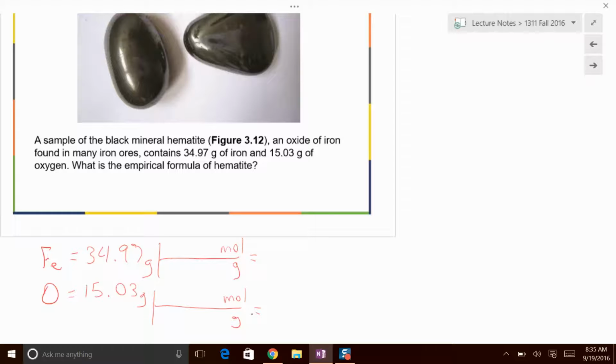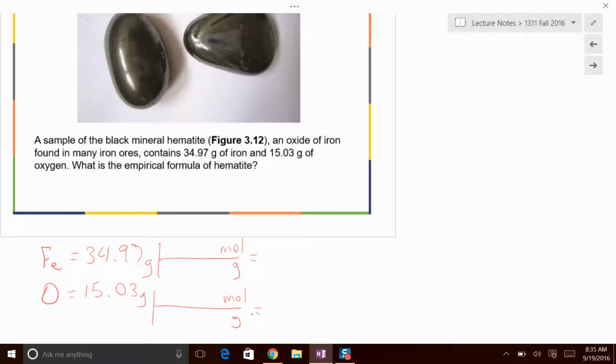When I come here, this number is 55.847 grams for every 1 mole. Now, if it was grams per molecules or grams per atoms, then I would use that number. But it's grams per mole. Moles are always the number 1 for moles.